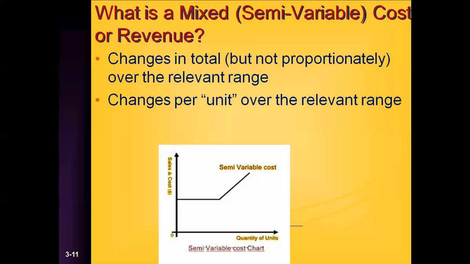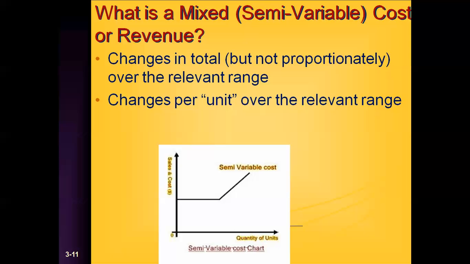And a good way to visualize this is, let's say you start a business and you open a factory, and it's a relatively small factory, but you're doing pretty well, and your fixed costs tend to remain steady as long as you're producing in that factory.